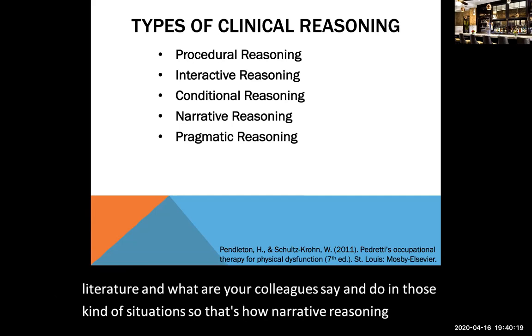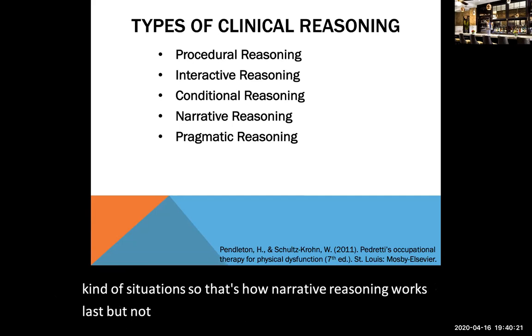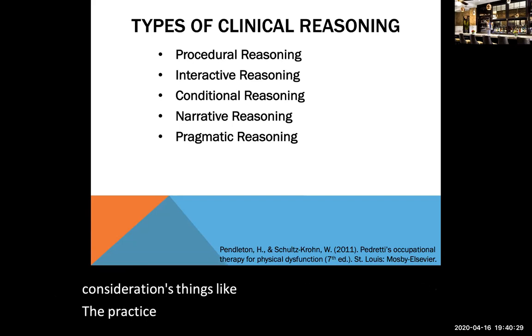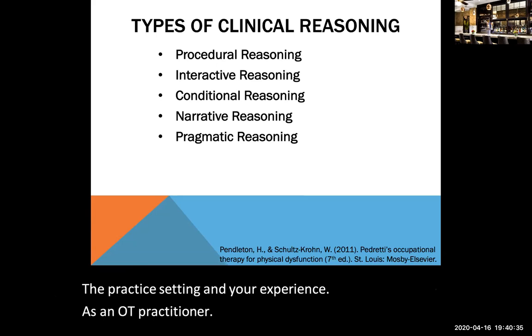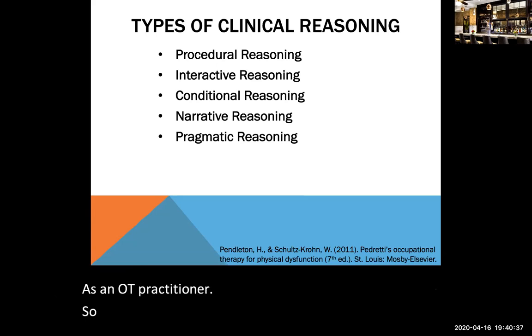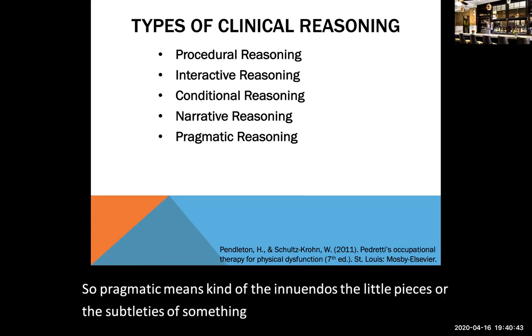Last but not least is pragmatic reasoning. And that takes into consideration things like the practice setting and your experience as an OT practitioner. So pragmatic means kind of the innuendos, the little pieces or the subtleties of something. And that's why this is called pragmatic reasoning.